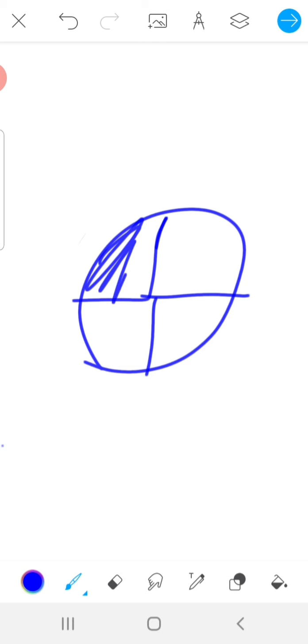I'm pretty sure you can see what these blue parts are. If you do, just pause the video and answer this question: how much of the figure is shadowed?